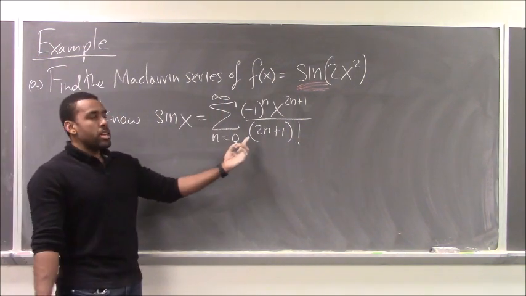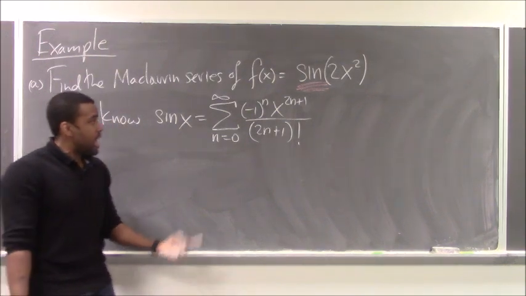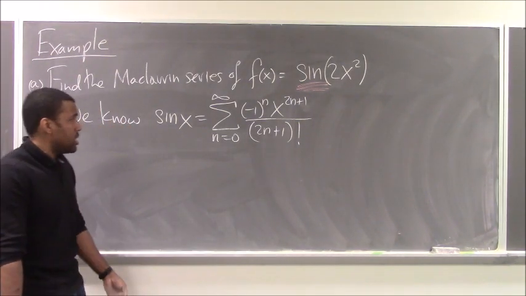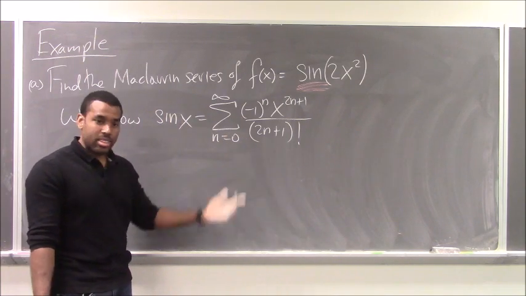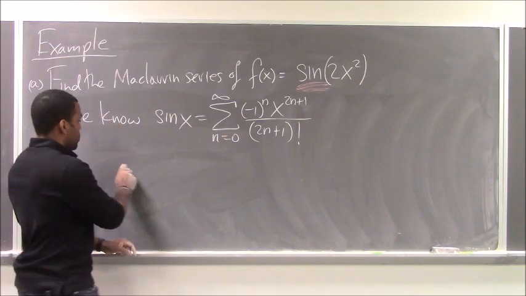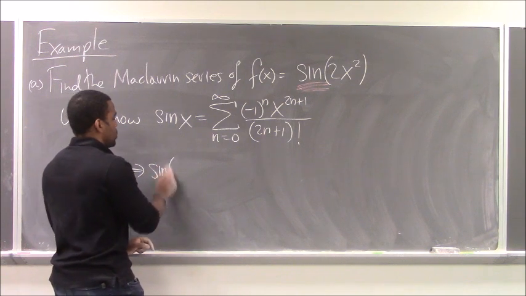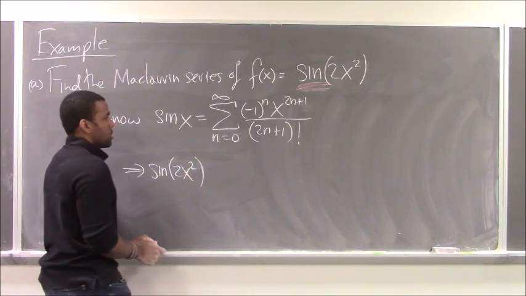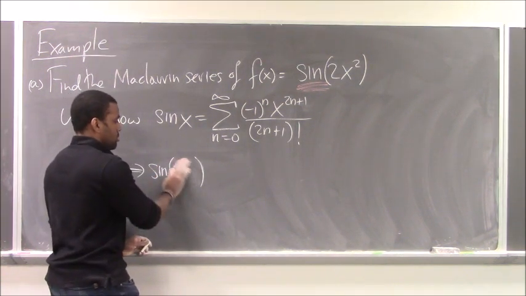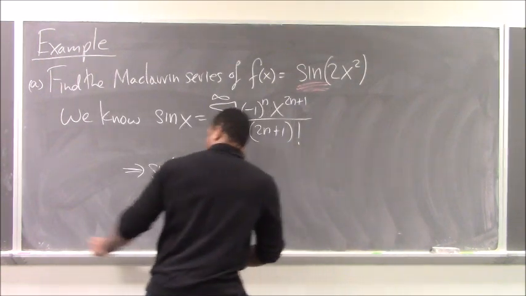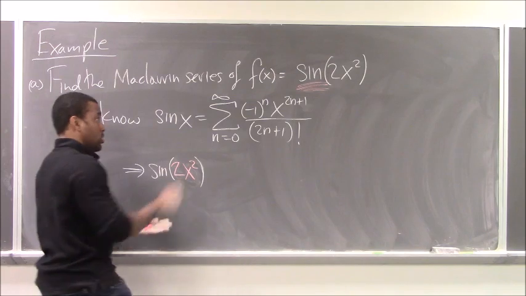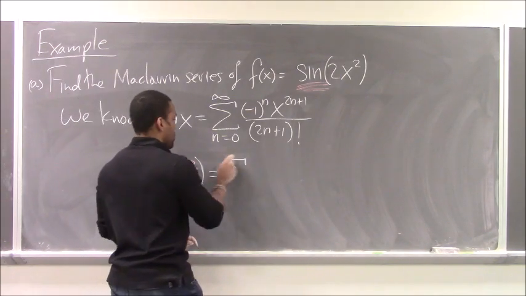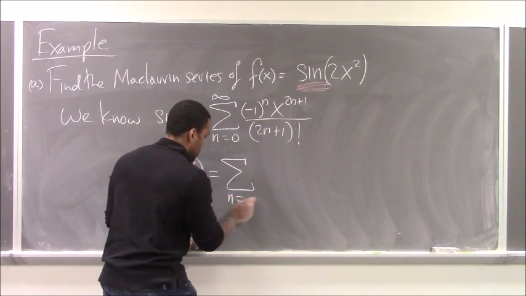And it turns out the remainder term of this approaches 0 as n approaches infinity. Sine x is that. They're exactly the same thing. So this means that for my sine of 2x squared, all I have to do is just plug in 2x squared. I'm just going to go to this formula and plug in 2x squared.